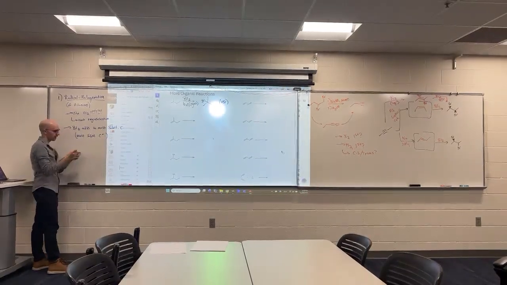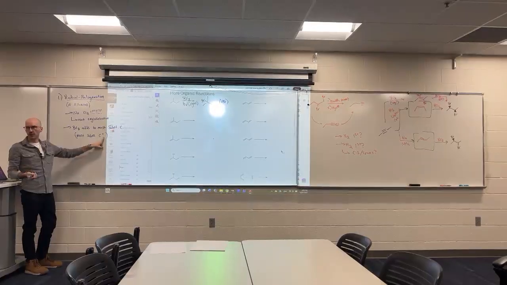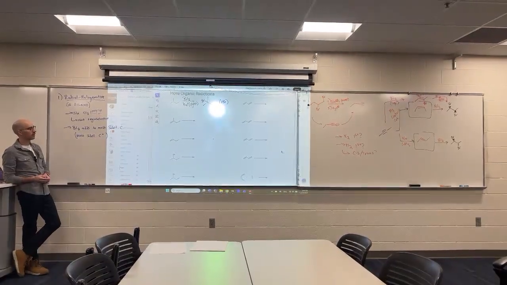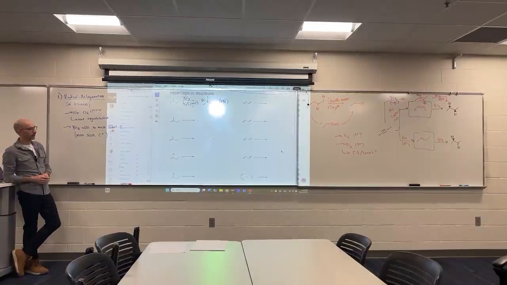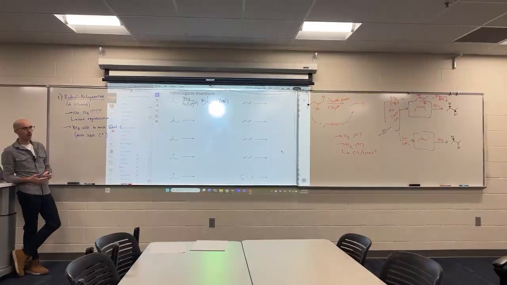I'm going to abbreviate that as most substituted carbon radical, carbon with an unpaired electron. I want to show you the mechanism for this reaction. I just wonder if you want to see it now or if you want to see it later.